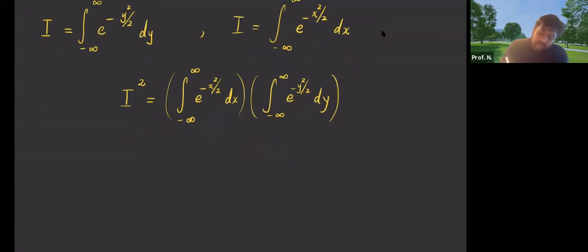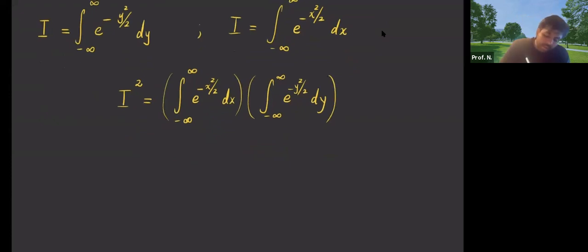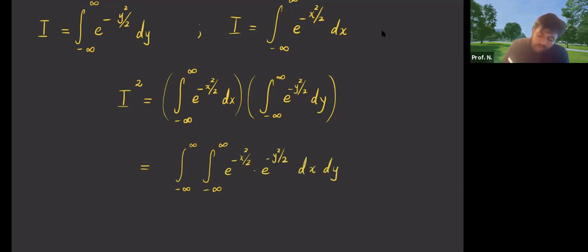Well, what we can do here is create a double integral. I can write this as the integral from negative infinity to infinity, negative infinity to infinity, of e to the negative x squared over 2 times e to the negative y squared over 2 dx dy.